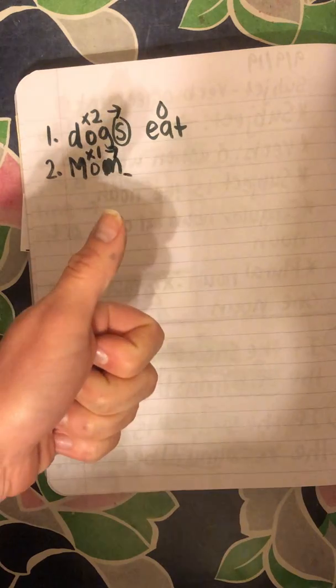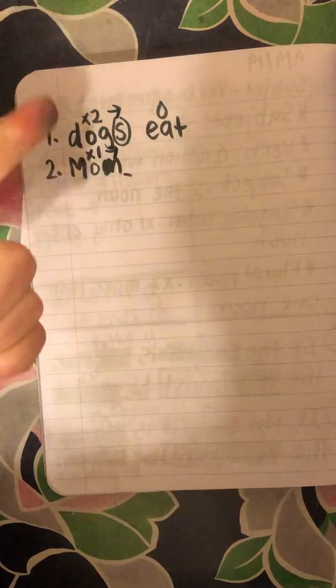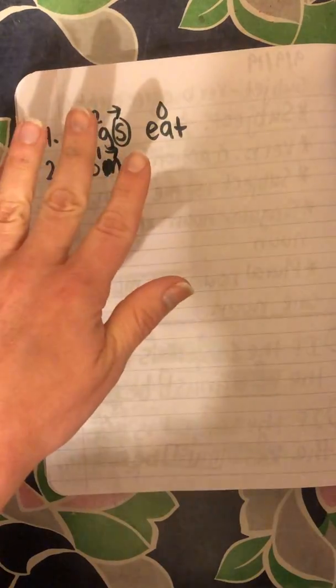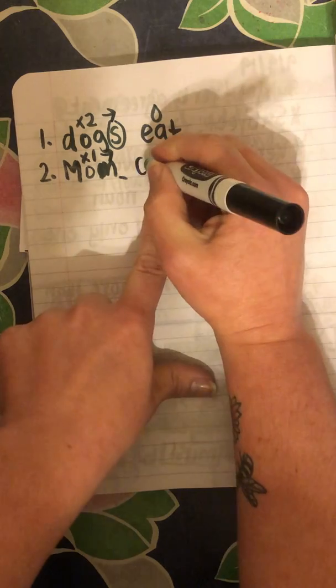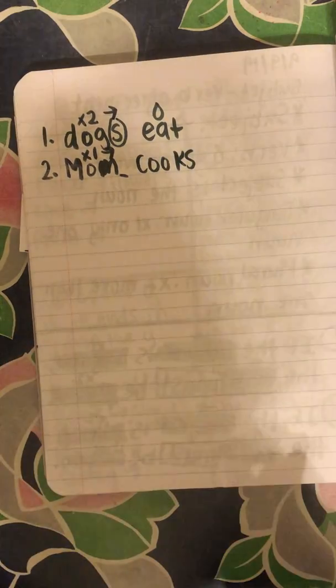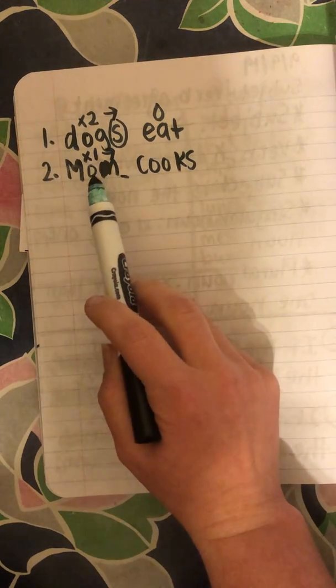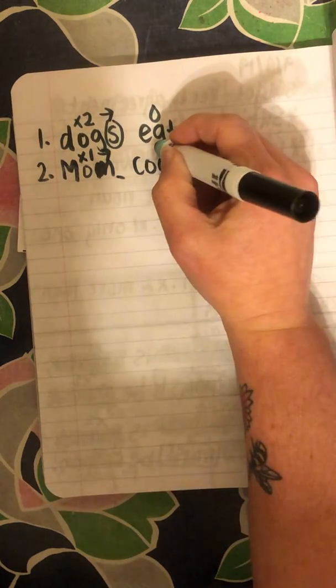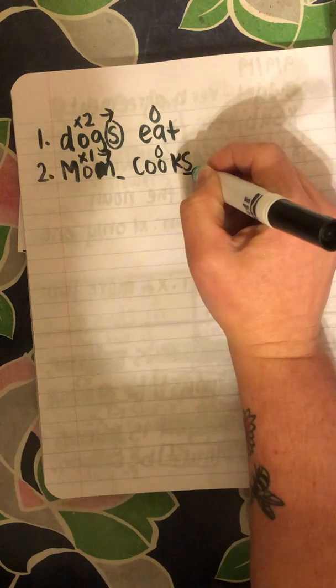Because you're talking about, is the subject a plural or a singular noun, and you have to identify that it is the subject of the sentence, okay? So mom, singular, therefore the verb has to be plural. Mom is going to be cooking, so mom cooks. My subject here is singular, therefore my verb is plural.